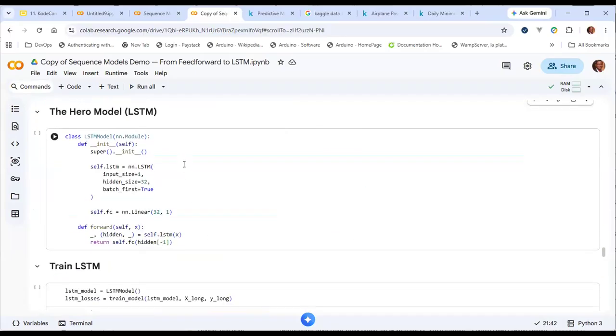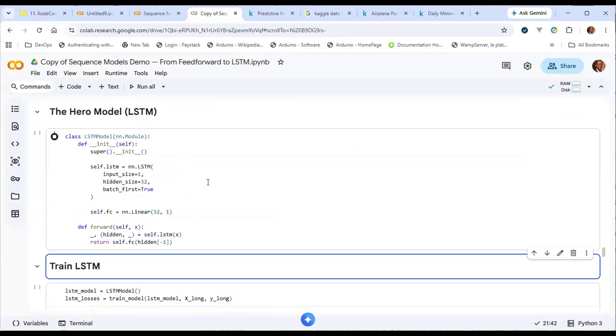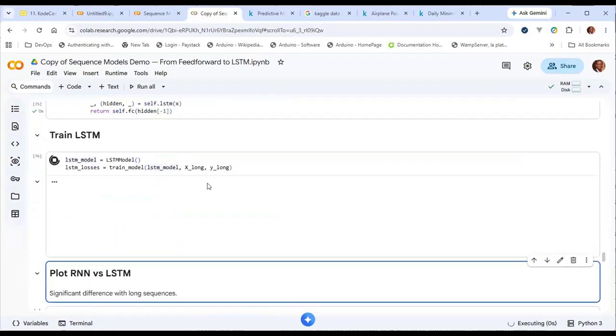Okay, so now here's LSTM. With LSTM, we can go for a much longer sequence. If you have enough time, you can try an even longer sequence, maybe like 500, 1000, right? Generate sine waves 1000 long, then you will see. But here you can also see that the LSTM is taking a bit longer to train.